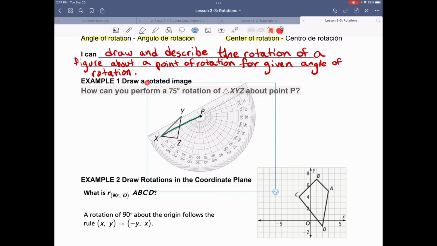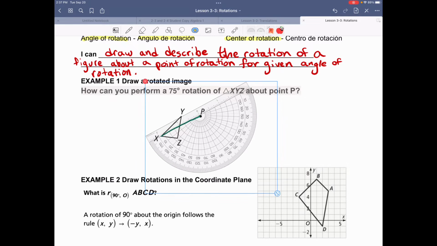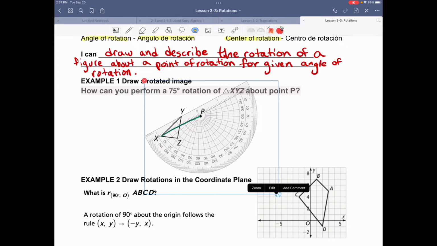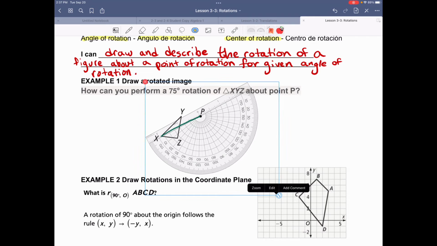Okay, so the bottom of my protractor is lined up. It doesn't want to, so I'm just going to make it bigger so that it can. It's pretty close. I think it's because I didn't draw my line straight enough.